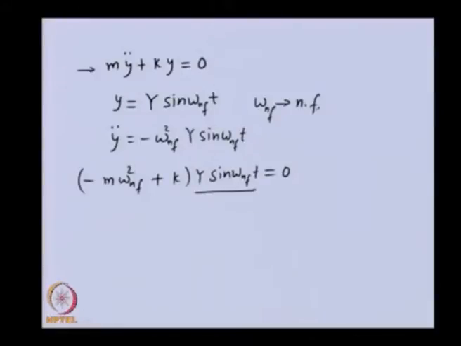Now, you can see that this term cannot be 0. So, we need to put the terms within the bracket equal to 0. So, that will give us this, which is called the frequency equation.